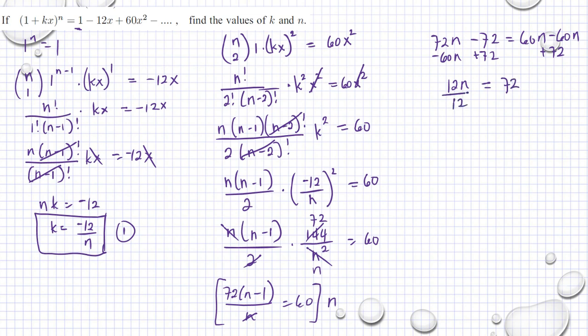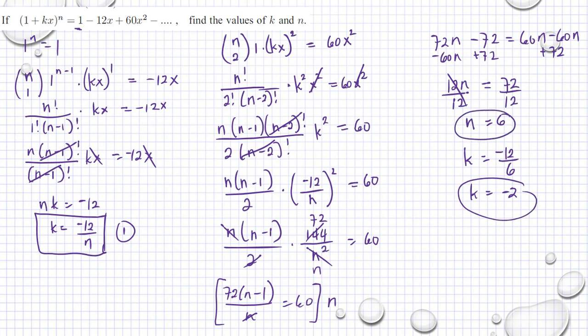Dividing by 12 on both sides, n is equal to 72 divided by 12, which is 6. That means our k is equal to negative 12 divided by 6. So our k is equal to negative 2. So our k is negative 2 and n is equal to 6.